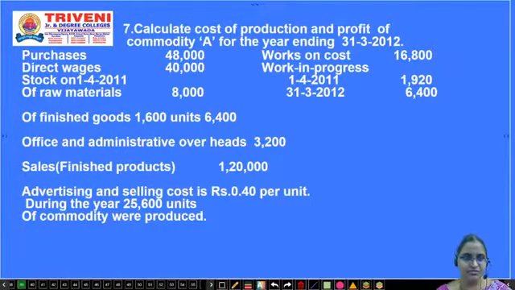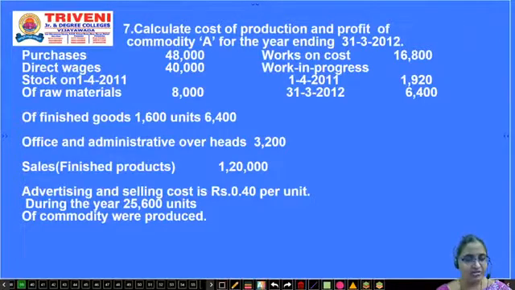After that, further information: finished goods 1,600 units, rupees 6,400. Next, office and administrative overheads 3,200. Sales of finished products, the total sales of the year, 1,20,000. The additional information: advertising and selling cost 40 paise per ton.